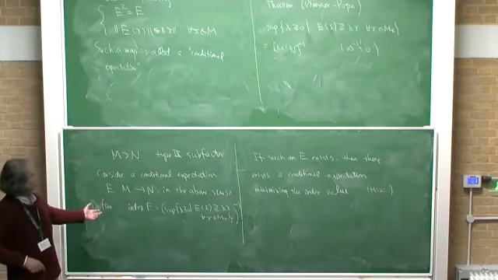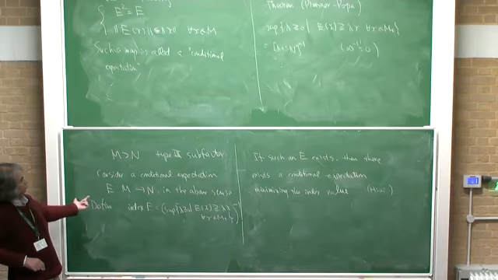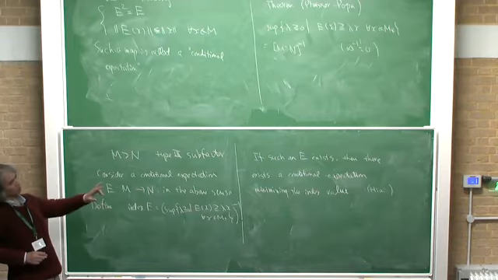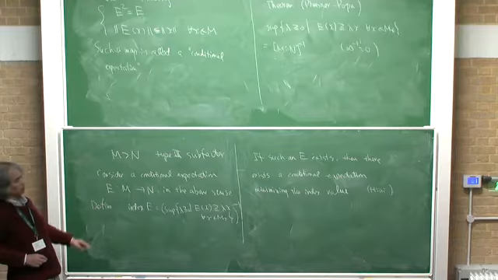So if we have a conditional expectation from M onto N, then there is some, actually unique, conditional expectation which minimizes the index value of the conditional expectation.